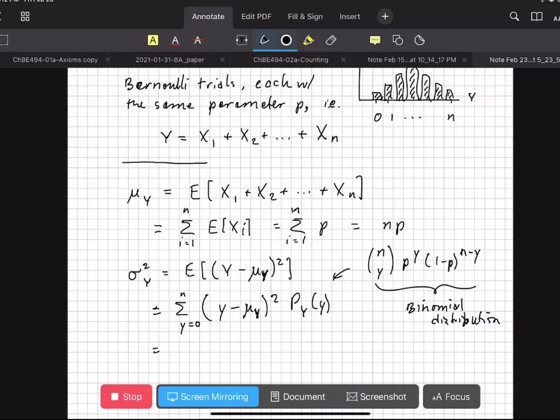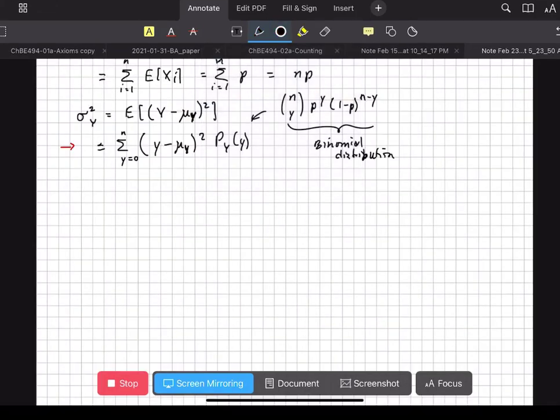Instead, we can remember that this random variable Y is a linear combination of other random variables. The way we can exploit that is by using these variance identities.